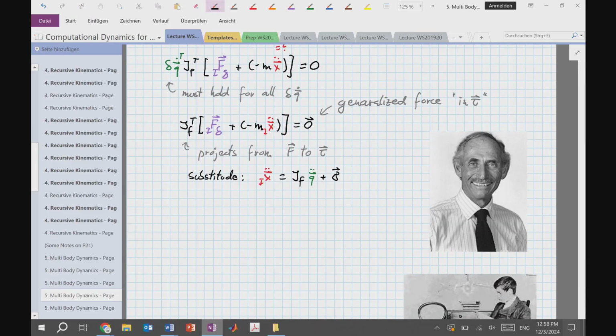And then if I rearrange and put this all together, I will get JF transpose times M, so I'm flipping the sign, times JF times Q double dot plus JF transpose times M times my bias acceleration sigma minus JF transpose times my external gravitational forces is going to be equal to 0.